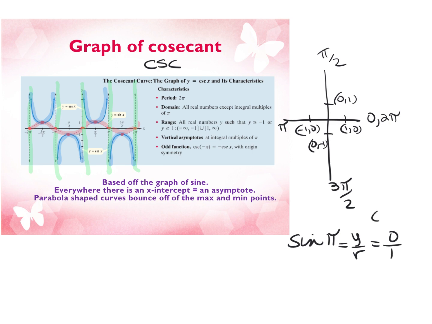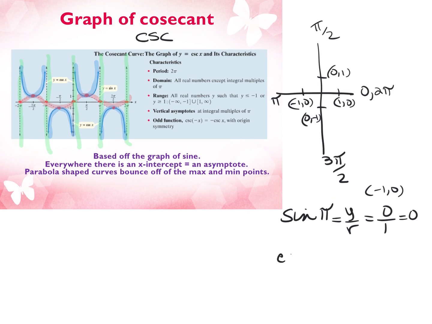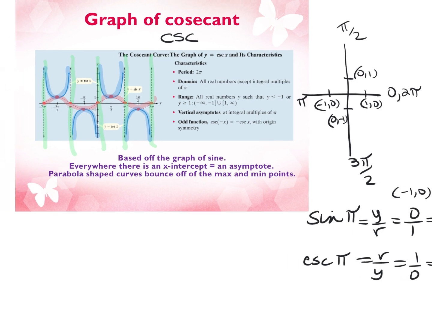I'm using the ordered pair -1, 0. And then this simplifies to 0. But then if I do cosecant, the reciprocal of sine of pi, and you flip this, then it becomes 1 over 0, which is undefined.